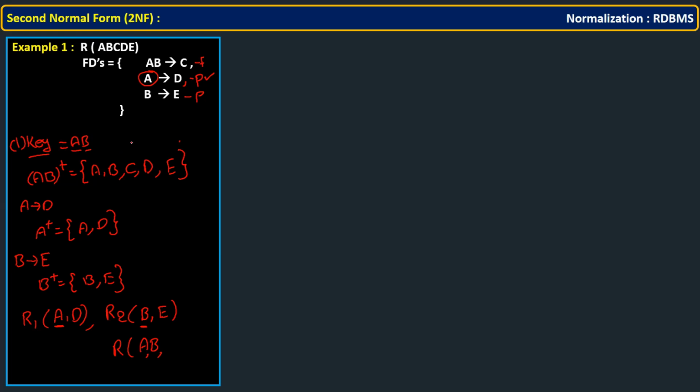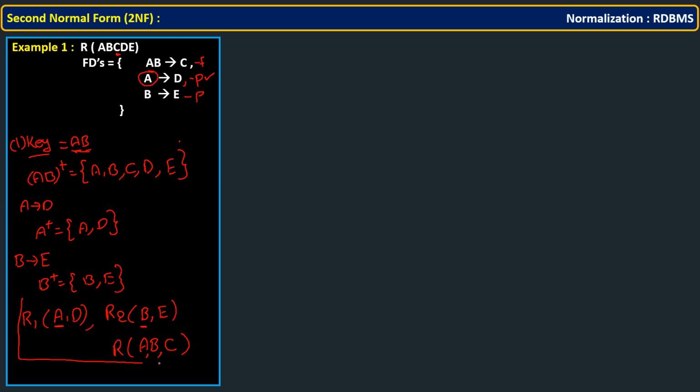You can see attribute C is not covered in either of these two, so we are going to place it here. So simple: in the original table, first of all the original primary key, and along with that the attributes which are not covered in any of the relations after decomposing, you just place in the original relation.